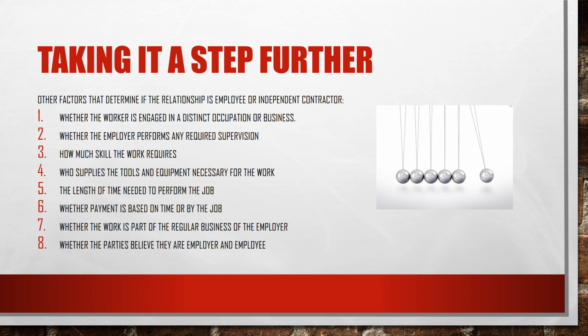All right, and taking it one step further, these are some other factors that can determine if the relationship is an employee to employer or an independent contractor: whether the worker is engaged in a distinct occupation or business, whether the employer performs any required supervision, how much skill the work requires, who supplies the tools and equipment necessary for the work, the length of time needed to perform the job, whether payment is based on time or by the job, whether the work is part of the regular business of the employer, and whether the parties believe they are an employer or an employee.